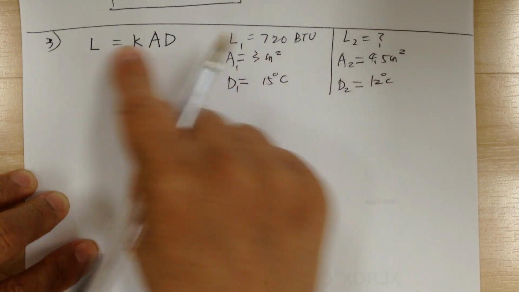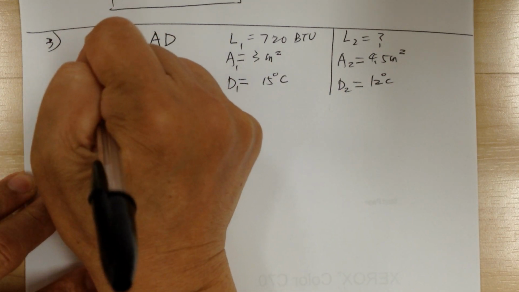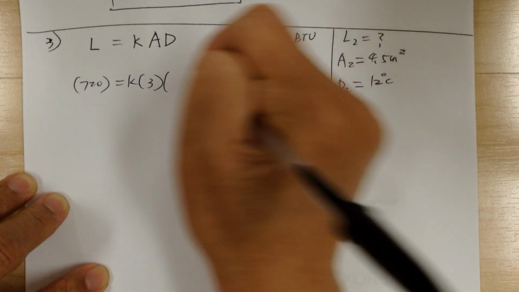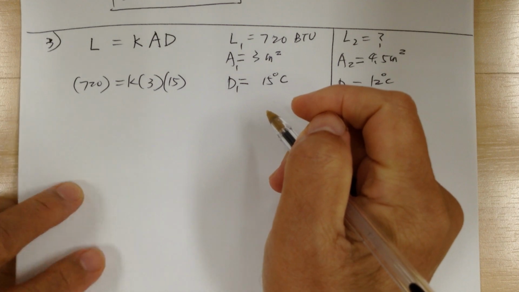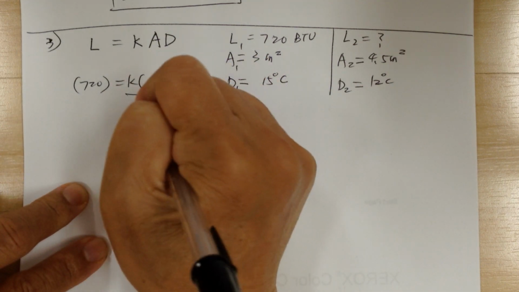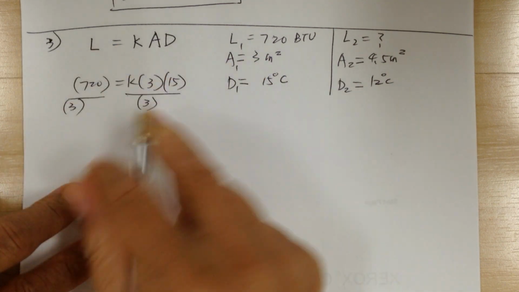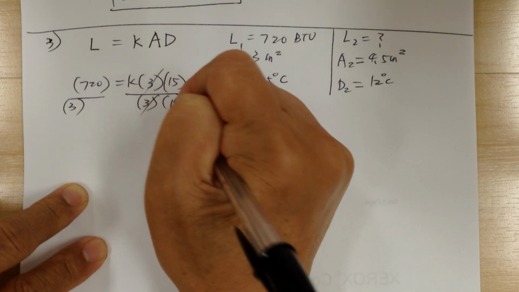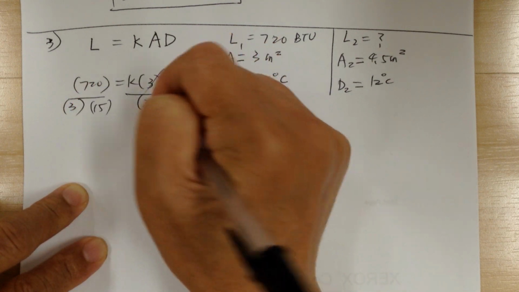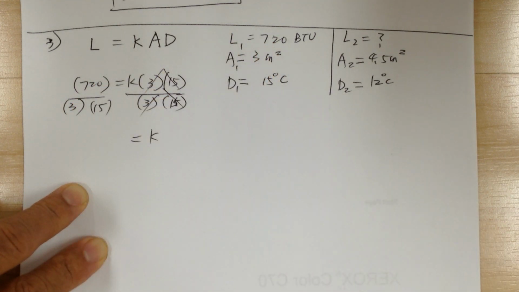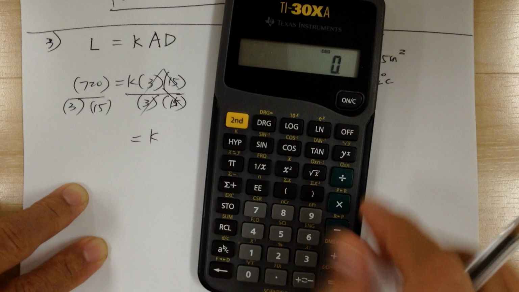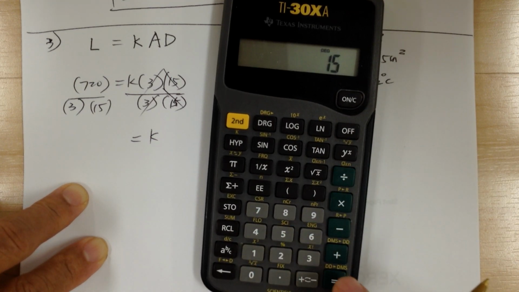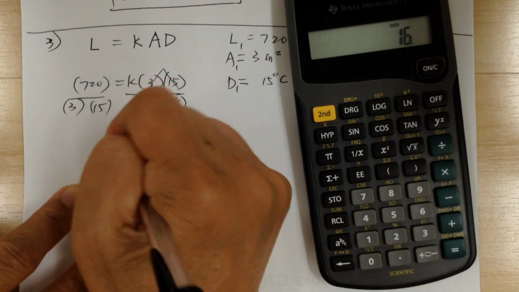Okay, so let's go and get the K. So you got 720 equal to K times area equal to 3, temperature difference is 15. Okay, so to look for K, you have to divide by 3 on both sides, so you can cancel out. You have to divide by 15 to cancel it out. So K equal to 16.